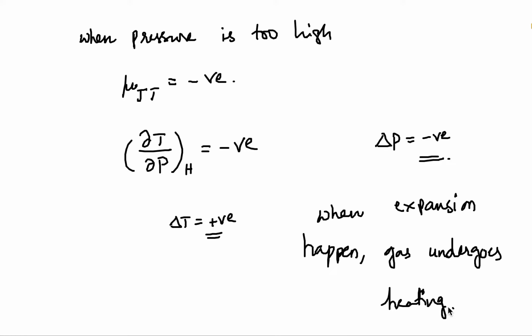Now let's find the Joule-Thomson coefficient expression for real gases and the inversion temperature. So what are we going to do now? We are going to find the expression for mu JT and Ti for real gases.